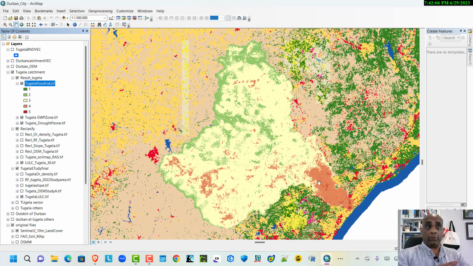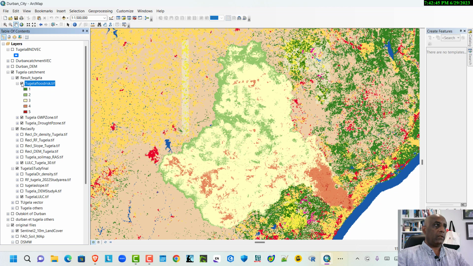Or there should be some kind of mechanism, for example, constructing a dam, a reservoir that holds the flood temporarily and releases it slowly without damaging the downstream side, the residences, people, the housing, anything that exists at the downstream side.